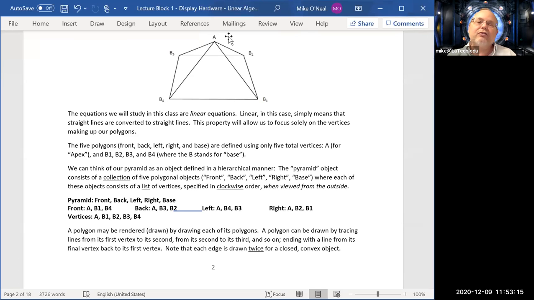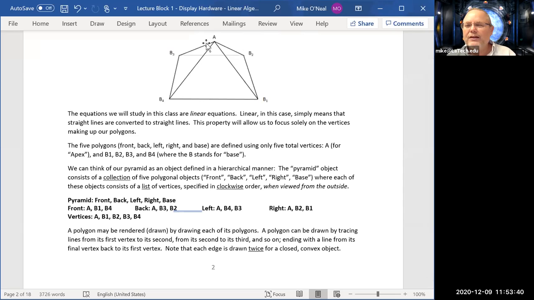And if you're looking at it from the front, the A, B3, B2 would again be clockwise. So we're looking at the back of it. So A, B3, B2, A is counterclockwise, but we're looking at the back of it. So if I was looking at it from the front, that would be clockwise.